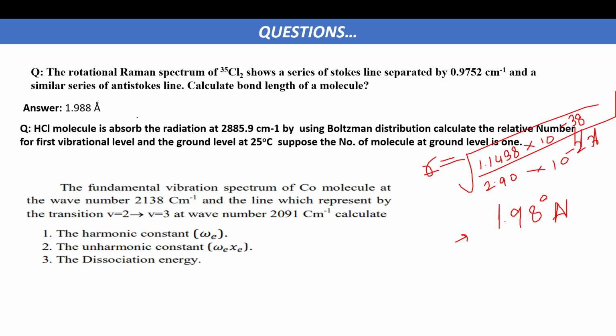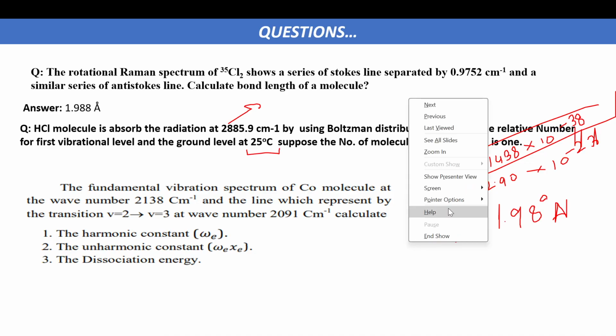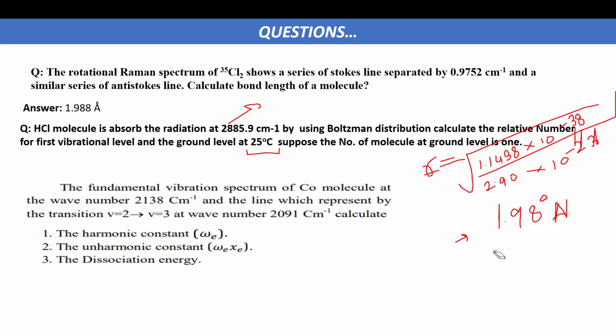Next, HCl molecules absorbed the radiation at 2885.9 centimeter inverse. By using a Boltzmann distribution, calculate the relative number for the first vibration level at the ground level at 25 degrees Celsius. Suppose the number of molecules at ground level is 1. So just solve and tell me what is the value.